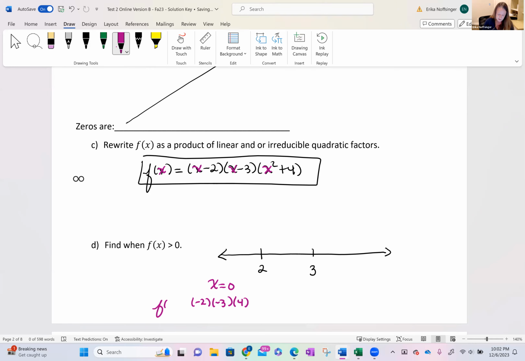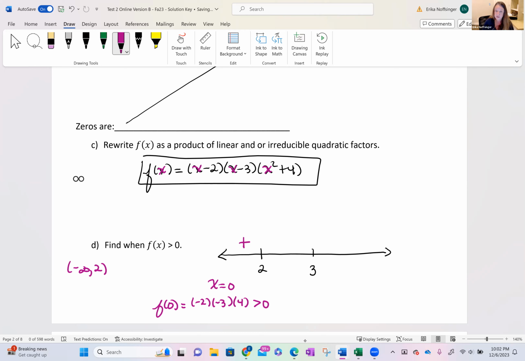I'm just wanting to know, is this value greater than 0 or less than 0? And I can see a negative times a negative is positive, times a positive is positive. So this is greater than 0. This is above the x-axis. So negative infinity to 2 is part of our solution.